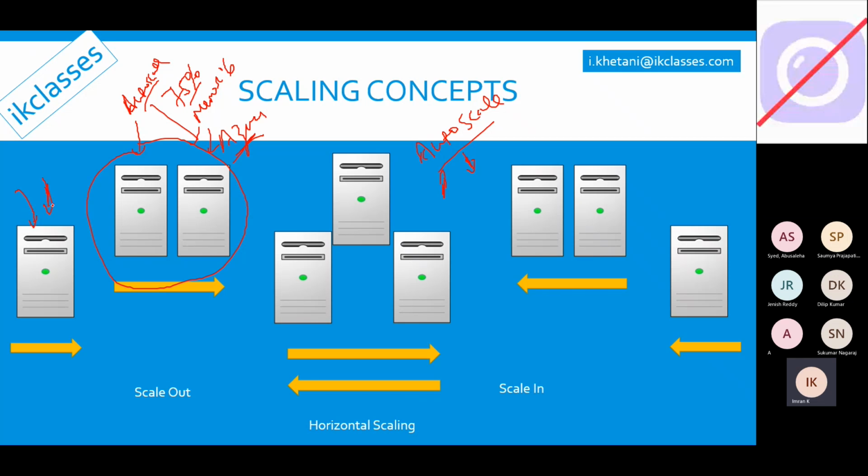And if traffic is high, it will add an extra node to your scale set. So that is auto scale, meaning automatically it will be decided whether you need extra nodes or you don't need extra nodes. So that is the scaling concept.